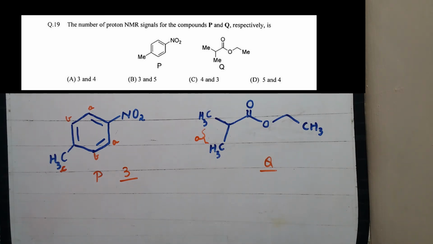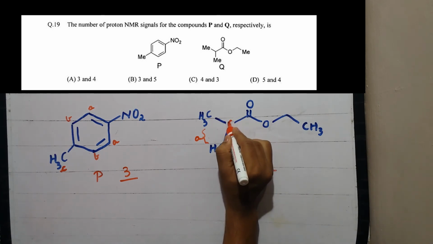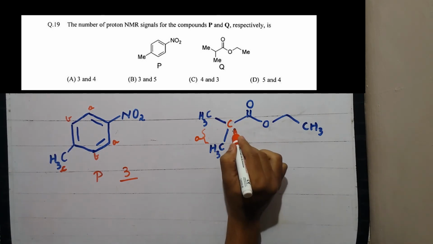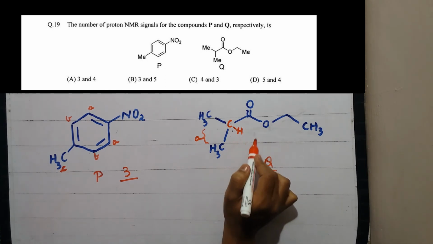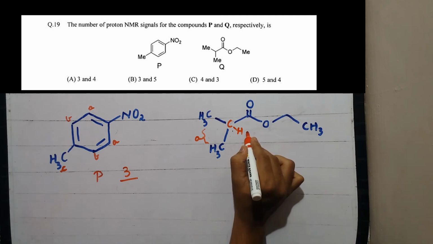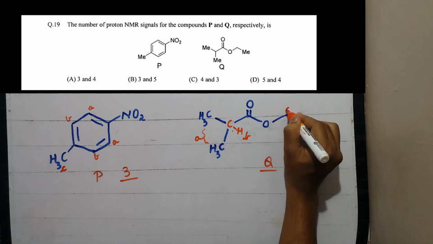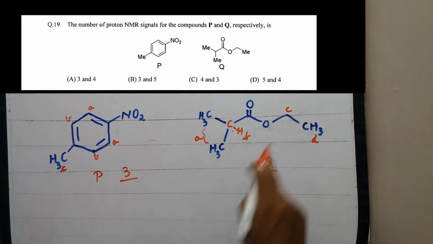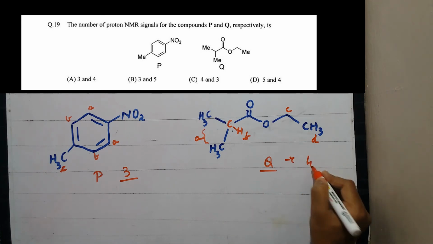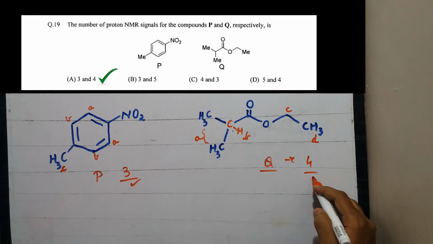Here this carbon's valency is not satisfied, so there is a hydrogen present on it, so it is in a different environment, hence it gives a peak B. Then comes the CH2, C, and then D. So compound Q would give 4 peaks. So the correct option is option A. Compound P gives 3 peaks and compound Q gives 4 peaks.